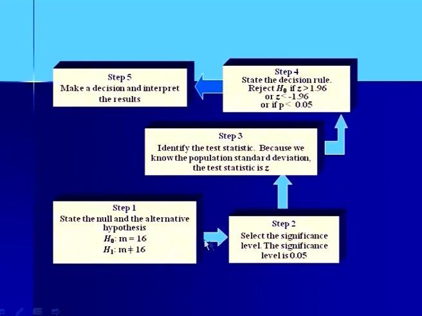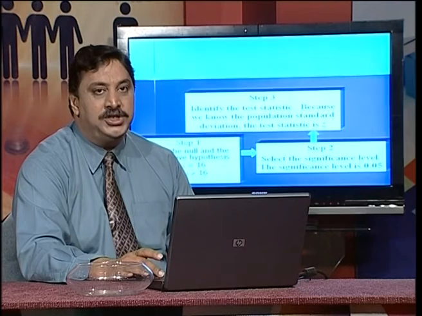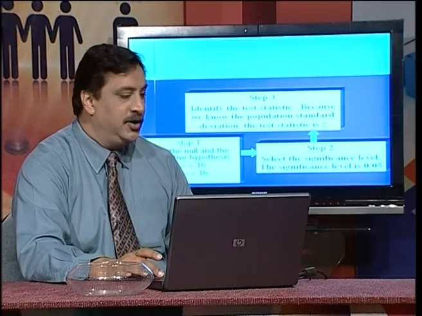In step 2, select the level of significance, which is given in this example as 0.05 or 5%. In step 3, we select the test statistic, which is the Z statistic, because in this example we have the population standard deviation, which is given.